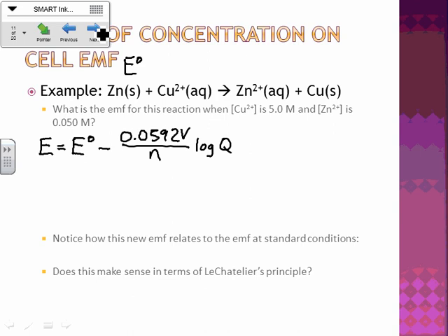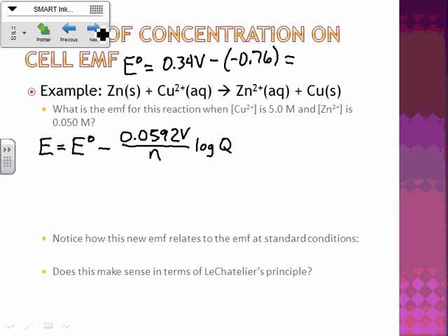E0 here, we're just going to look at the standard reduction potential chart to find that, okay? And the one that's being reduced here is the copper, right? So the standard reduction potential for the copper is 0.34 volts. You might accidentally memorize that one at some point. Minus the zinc, which is negative 0.76.